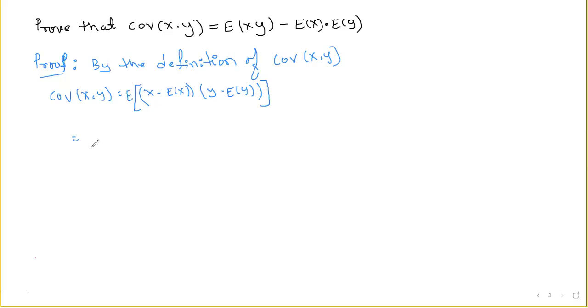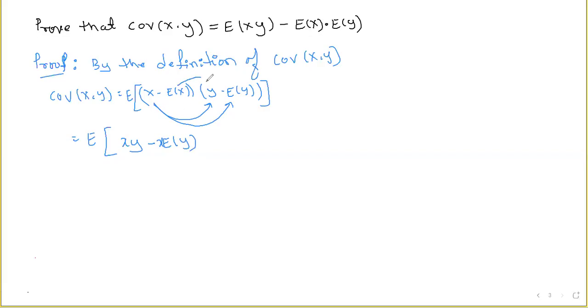So which is equal to, now expectation outside, this is as it is. Now we'll take the product, right? So x into y, this is xy. Next, x into minus expected value of y, so this is minus expected value of y multiplied by x, right?